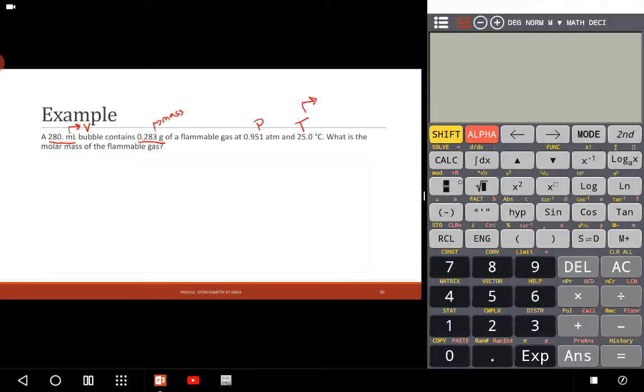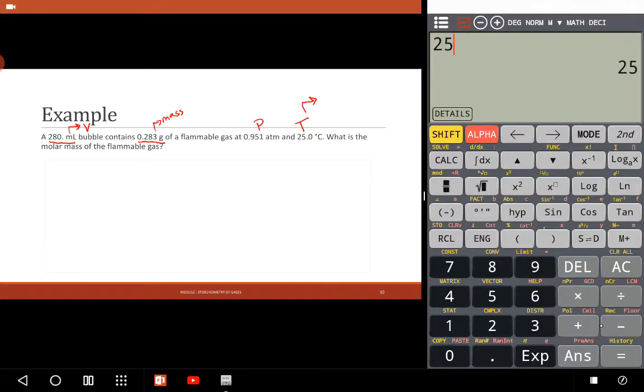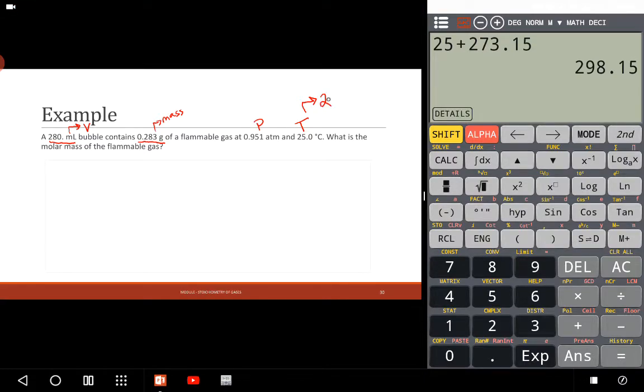I'm going to convert my temperature into Kelvin before I get going in my calculation, because I know that anytime I do a gas calculation, my temperature should be in Kelvin. I can calculate my moles by doing PV over RT. Pressure was 0.951 atm.